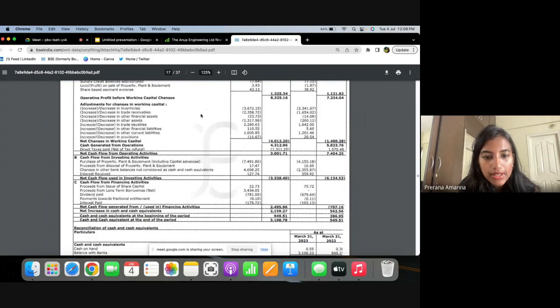Then you see here the biggest other expense, right? Let's see the payables. Yeah, the payables also has increased. Can you see here, 16 to 22 crores?